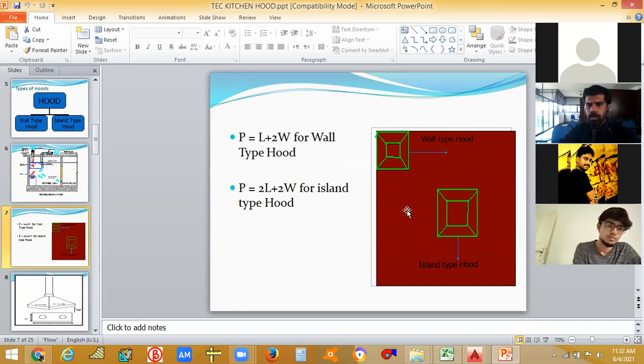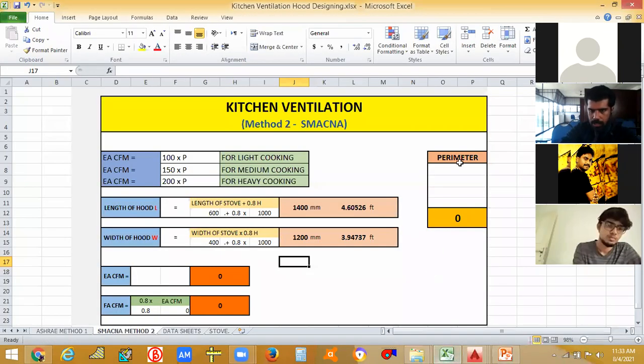Here I have assumed an island type hood. So what formula will you use here? 2L plus 2W, right? So I am going to give the values here in feet.